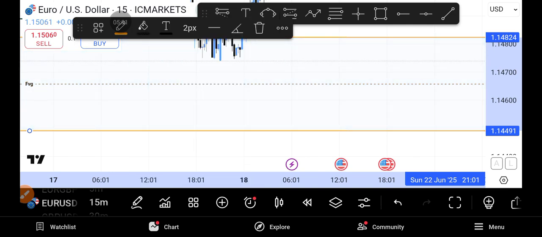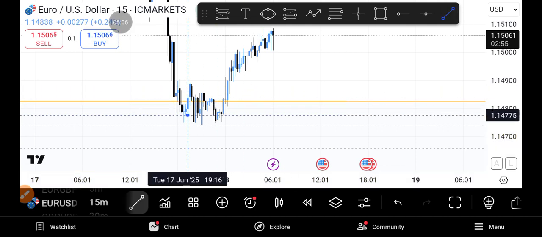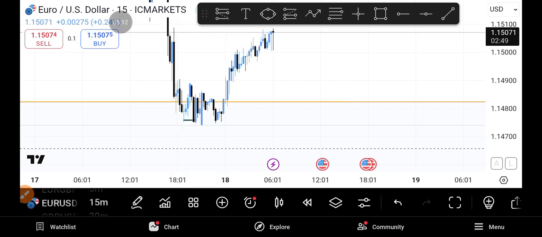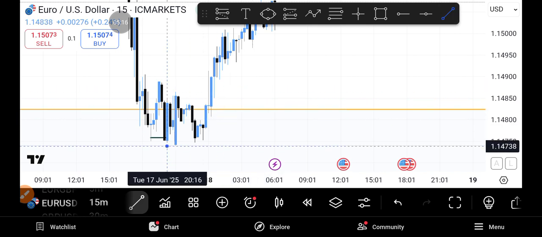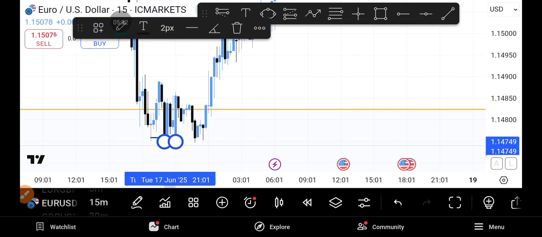Let me show you something, guys. You can see this is a break of structure. There's a break of structure one. This is another break of structure to the downside on a 15-minute time frame.